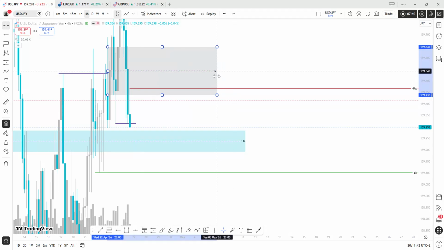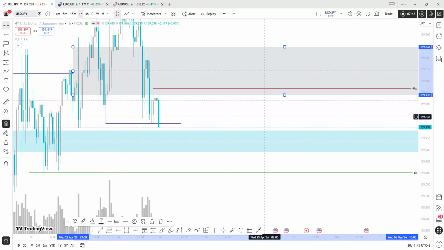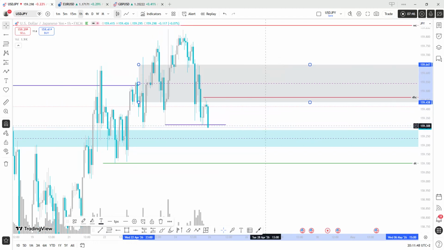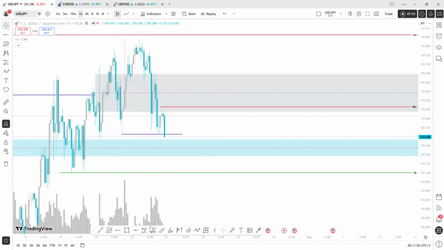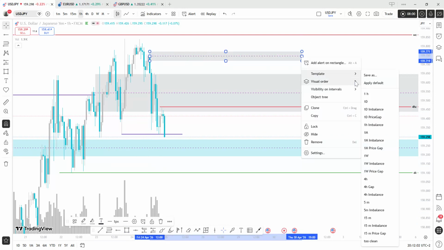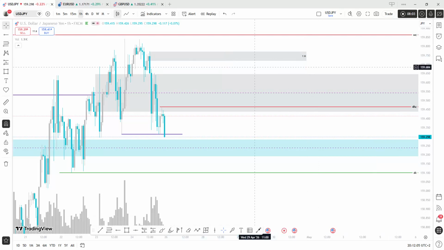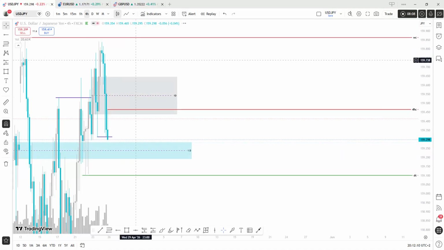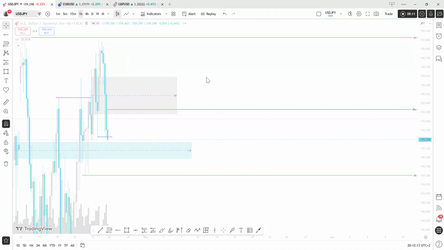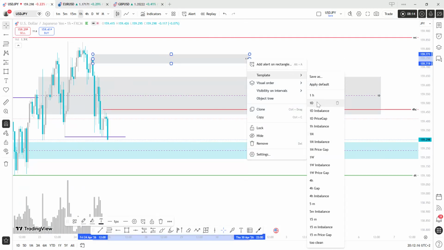So I'm going to look basically at this order block to short, but I'm going to use no lower time frame than 1 hour for the entry. Again, this 1 hour order block may also be a very good call if the price comes so far. I'm going to let it be visible on the daily time frame because I may not go so deep in time frames.